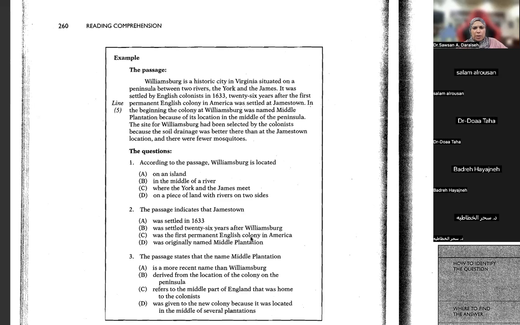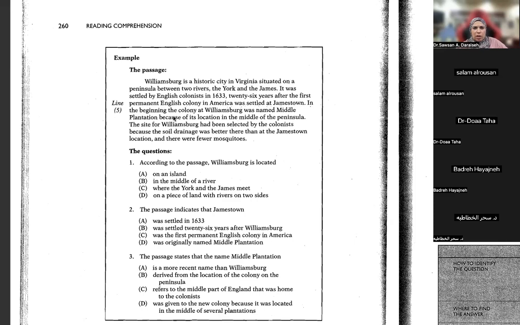Was the first permanent English colony in America? Was originally named Middle Plantation? We're speaking about Jamestown. What did the writer say about Jamestown? We can go to the passage, by the way. It was settled by the English, etc. 26 years. So this colony was made 26 years after the first permanent English colony in America, which was Jamestown.